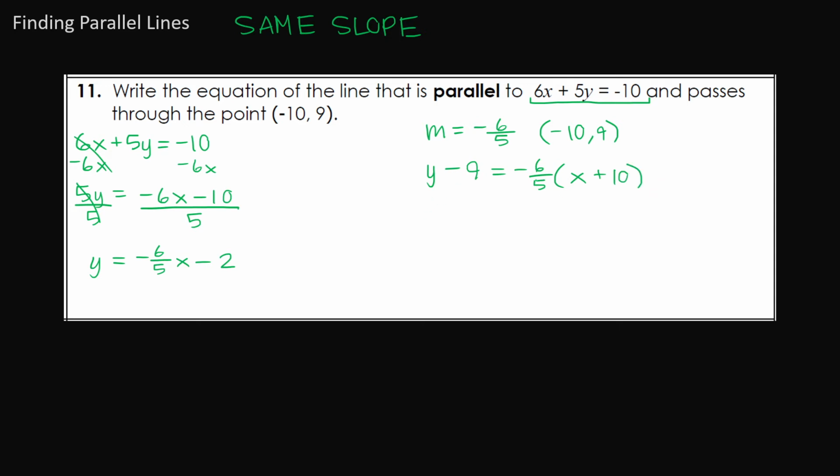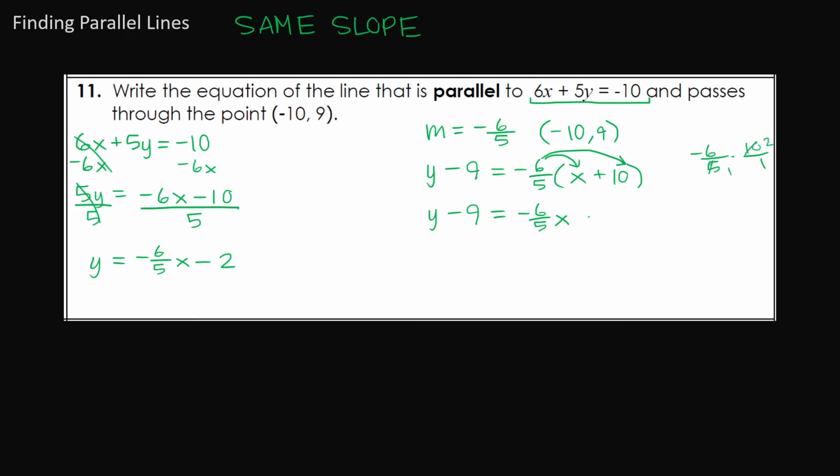And so now we need to put this equation in slope-intercept form. So I'm going to distribute. So I get y minus 9 is equal to negative 6 over 5x, and then negative 6/5 times 10. If I just write this off to the side here and I multiply, well, I know this is going to reduce.